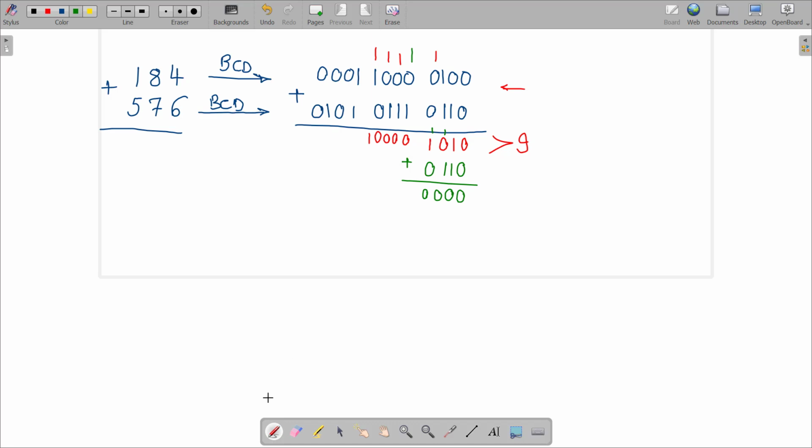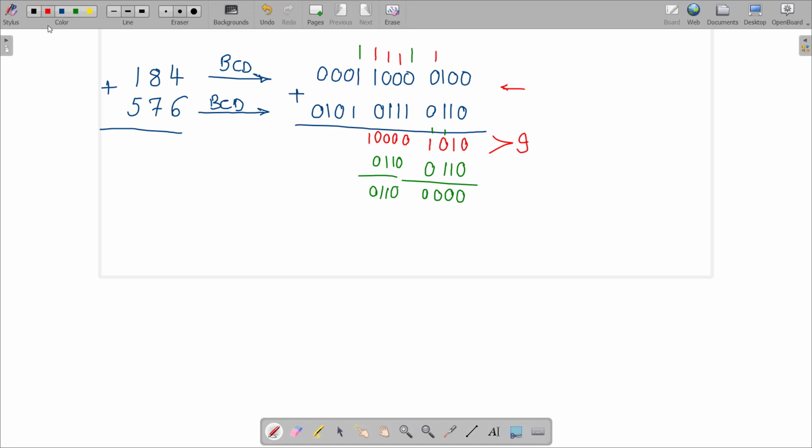Again, I have to add 6, which is 0, 1, 1, 0. If I do this addition, I get 0, 0, 0, 0, 1, 1, 0, 1, 1, 0, 0, 0. Now this one that comes from here is written here.